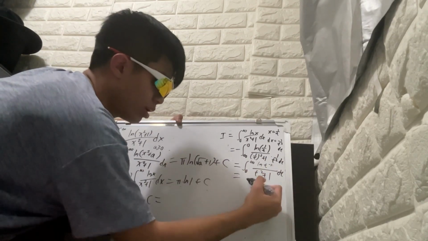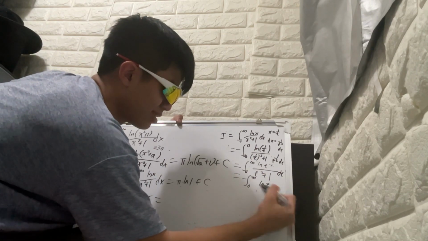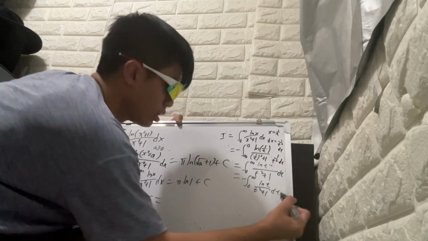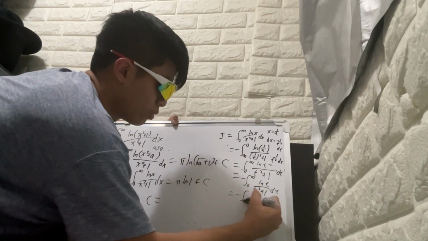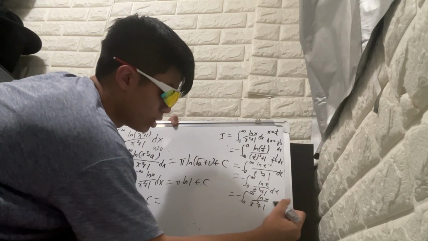You can put the power outside, and you get negative t over t squared plus 1 dt. Since t is a dummy variable, you can name it whatever you want. Just name it x: ln x over x squared plus 1 dx.